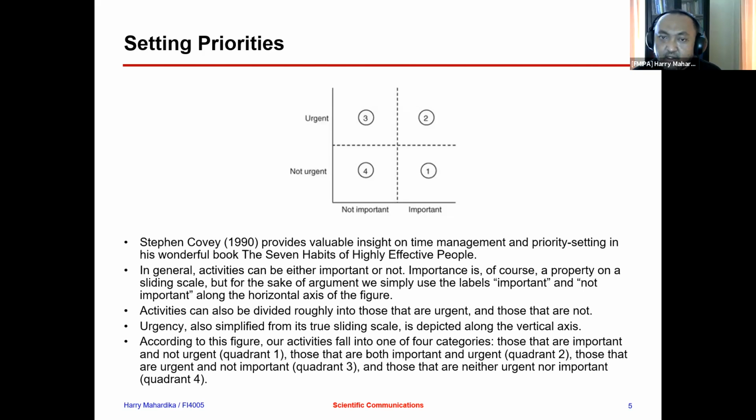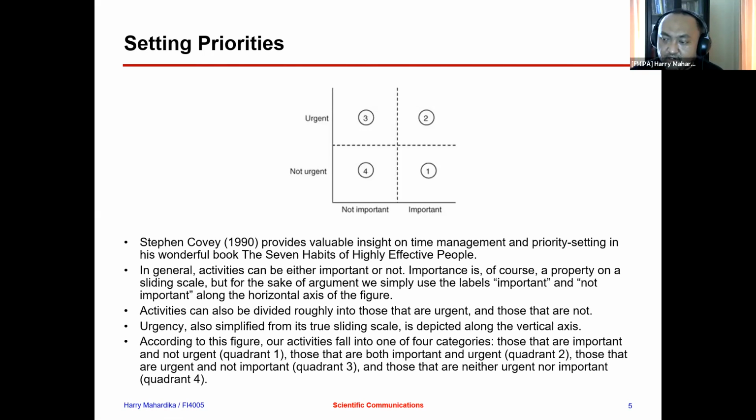Is it urgent? Yes, if we eat lunch at the correct time. It's urgent for us, basically to avoid illness, for example.